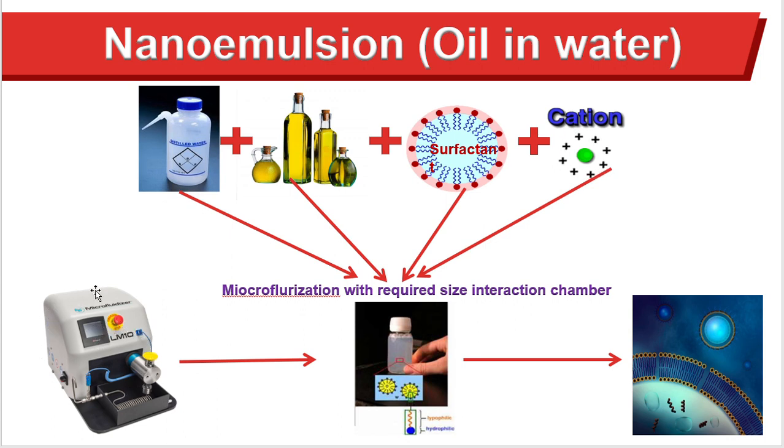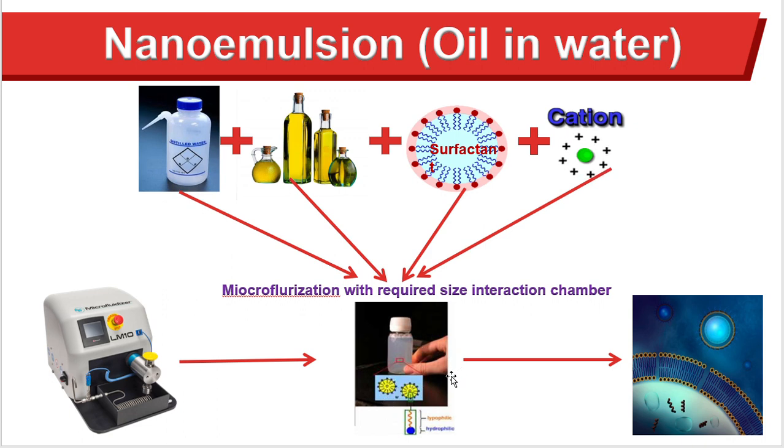For example, this is the LM10, a microfluidizer we used for our experiment, from a US-based company, the manufacturer of this instrument. It can produce 20,000 psi pressure. With that pressure, all the components interact in the interaction chamber of this LM10, and finally we get tiny droplets, nano droplets.